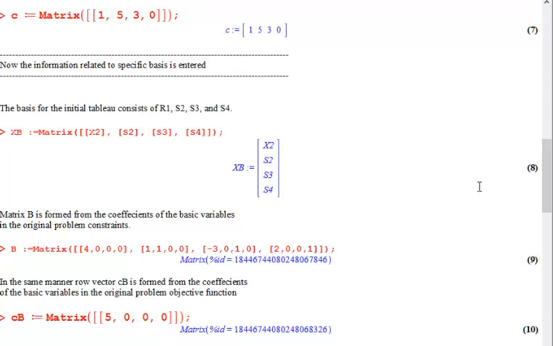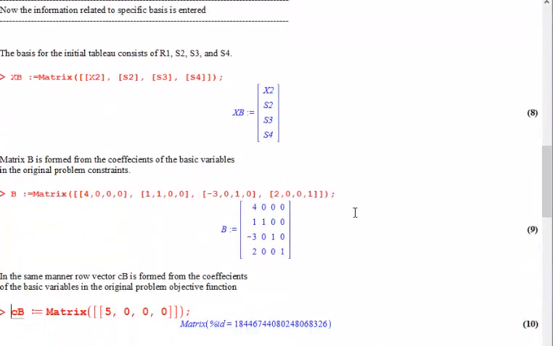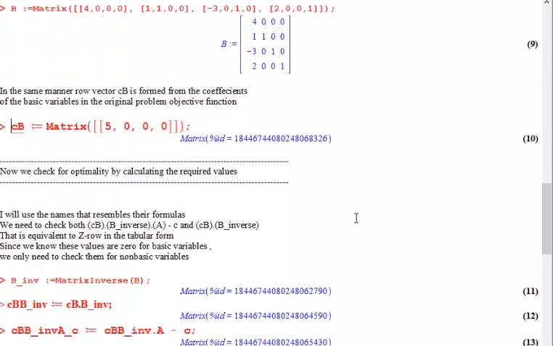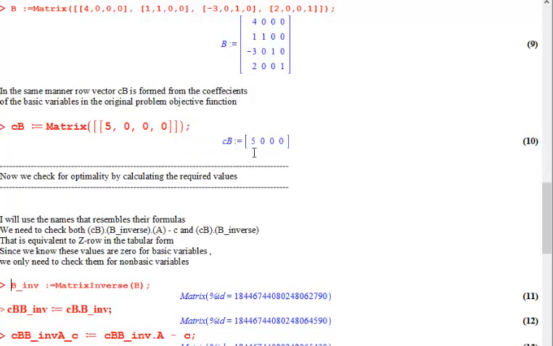Now I'm going to write the new B vector, in which the column of X2 has replaced the column of R1. Appropriately, I'm going to change the CB, and this is going to replace that value.